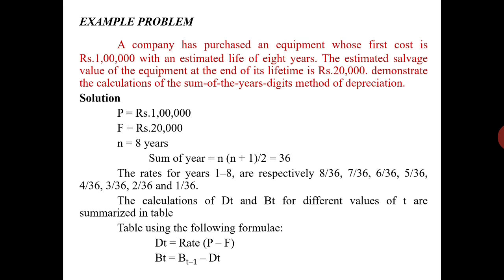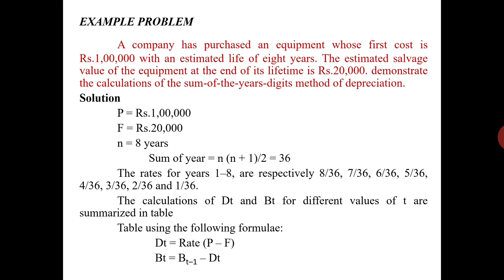Now we are going to solve the problem. First we should calculate the sum of years. Already we know the formula: sum of years equal to n into n plus 1 divided by 2. N is the life of the equipment, that is 8. Finally we get the sum of years value, that is 36.